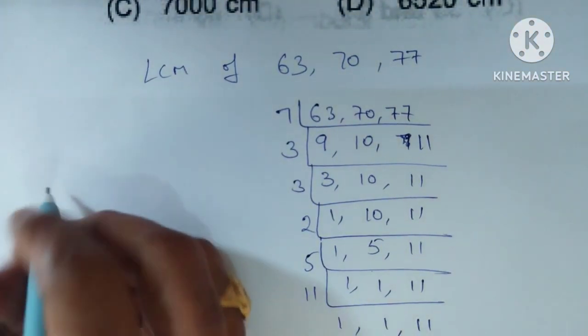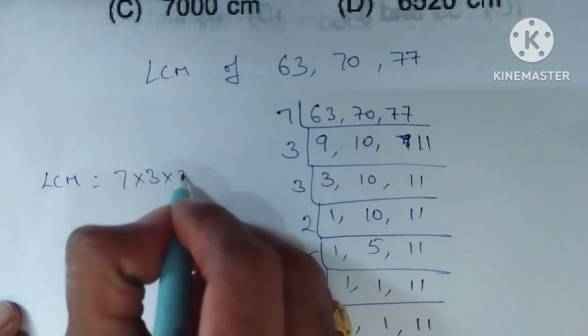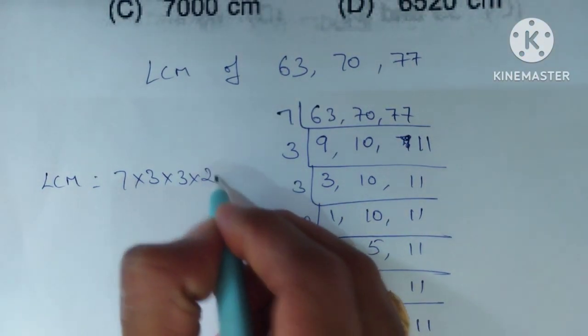So the LCM is 7 into 3 into 3 into 2 into 5 into 11.